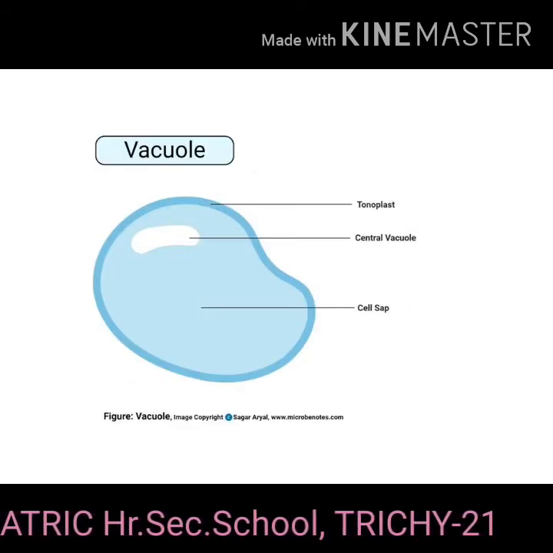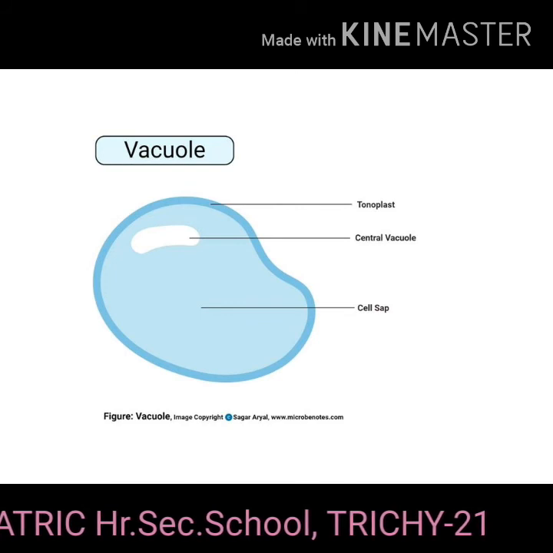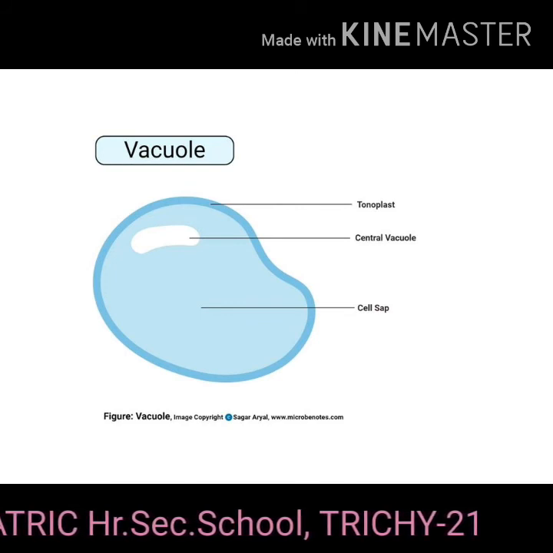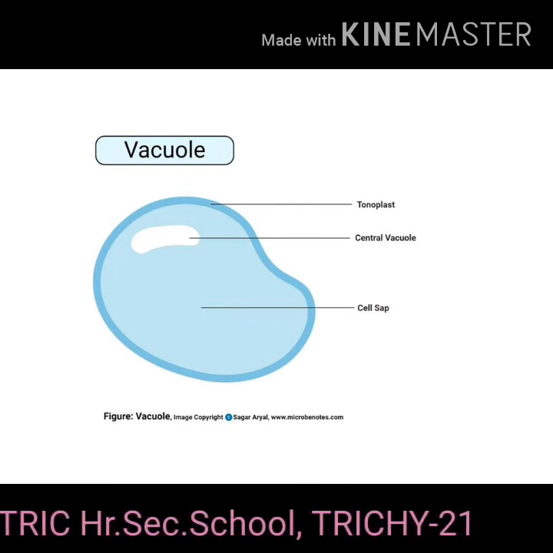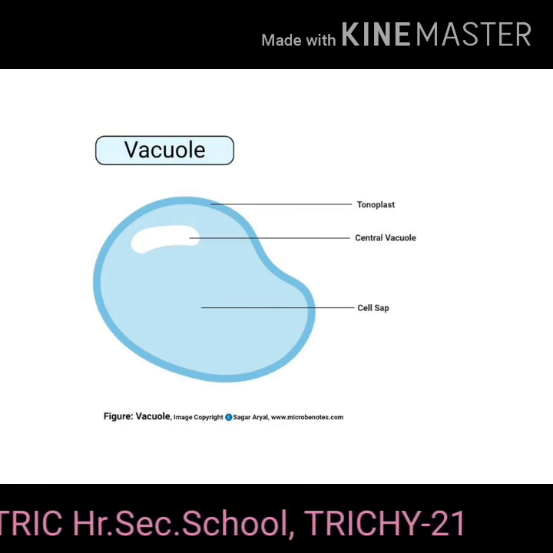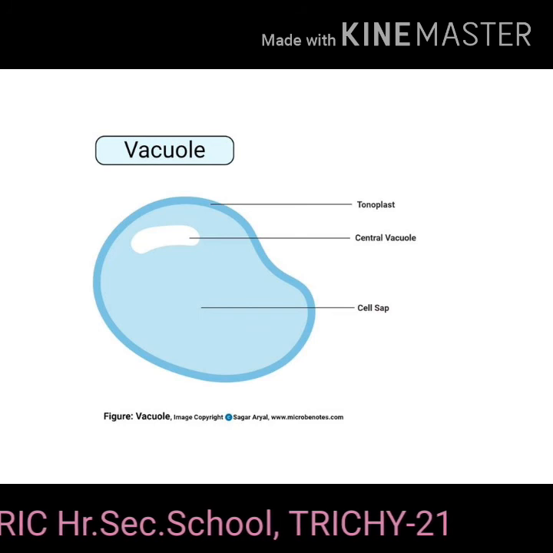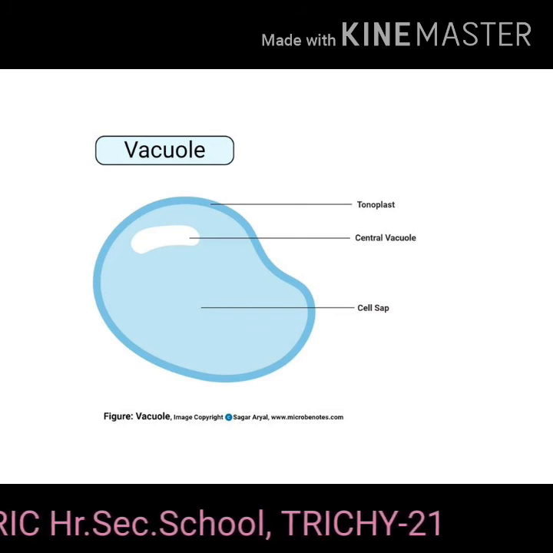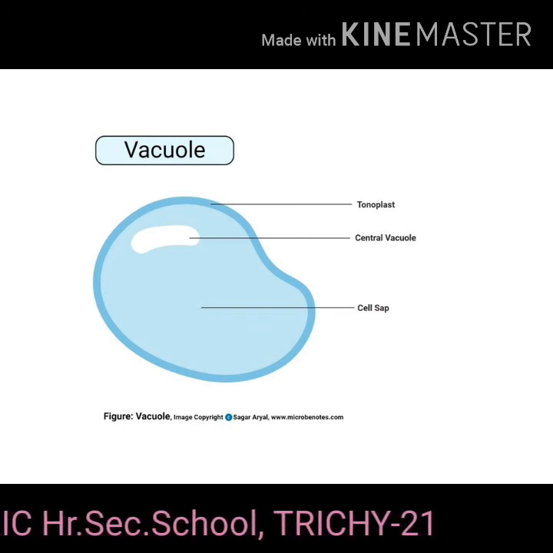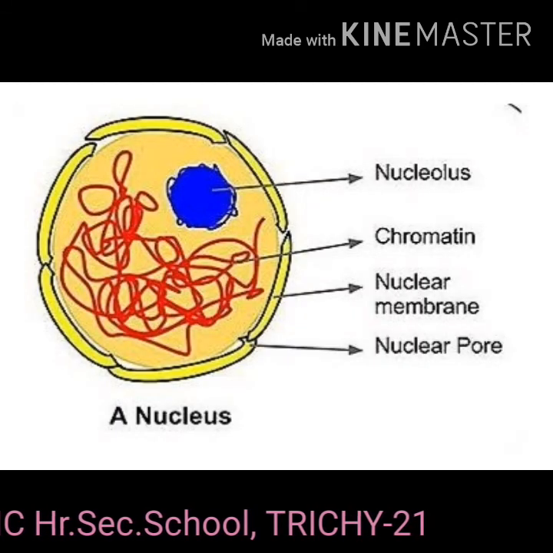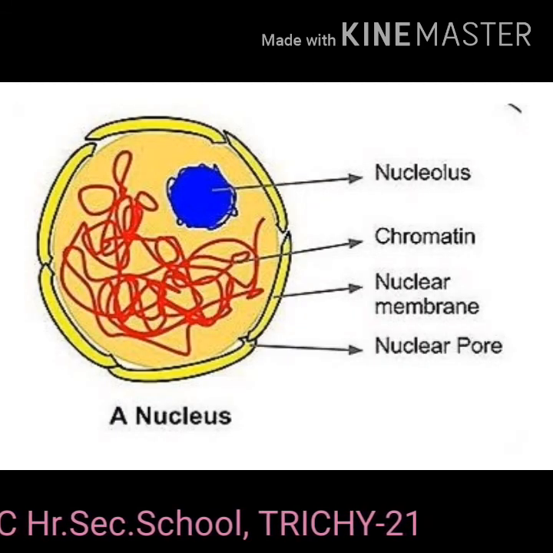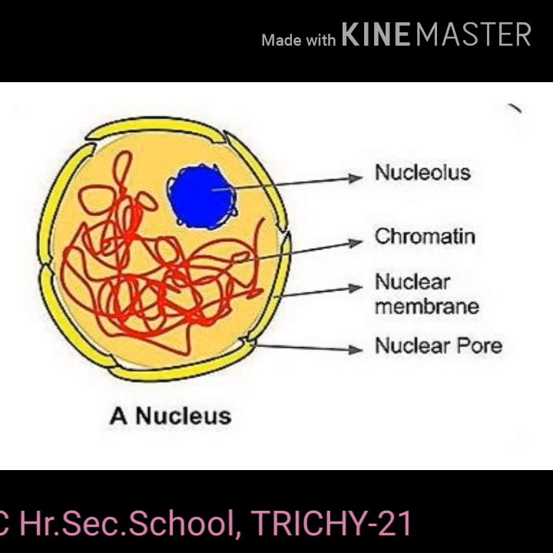The next component is vacuole. The main function of the vacuole is to store food, water, chemical, and the special name for vacuole is storage tank. The next cell component name is nucleus.